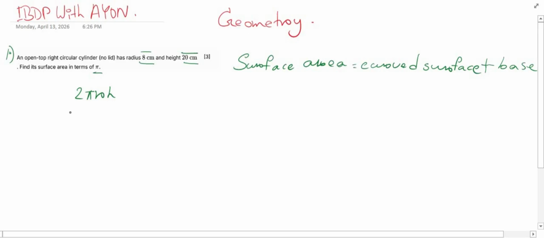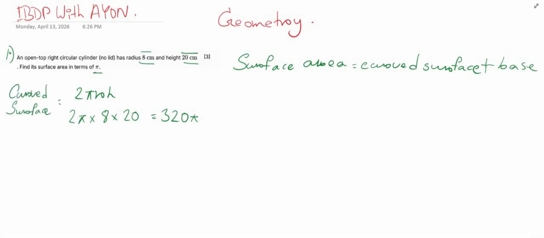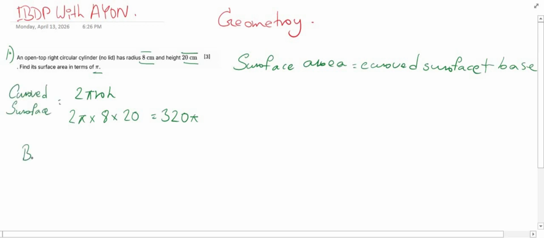It will be 2 pi into 8 cm of radius into 20 cm of height, and the answer is 320 pi. For the base, the formula is only pi r square, as it's a circle in the base. Pi into 8 square, so the answer is 64 pi.